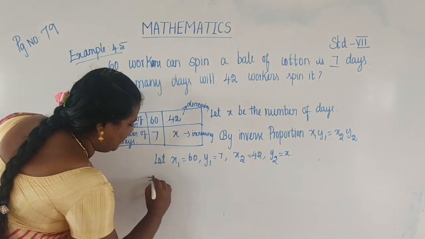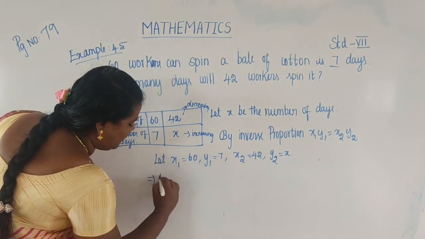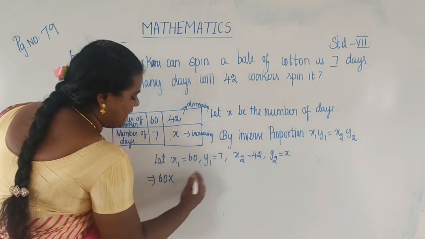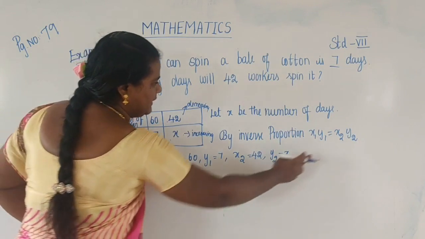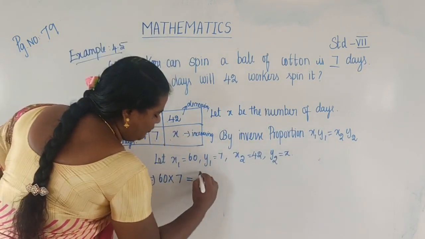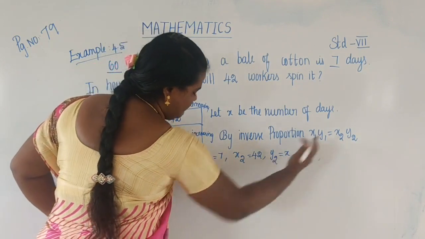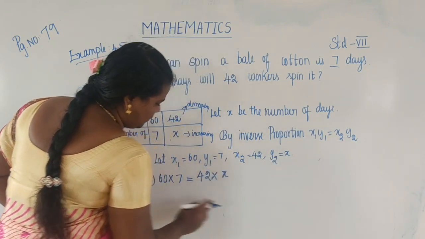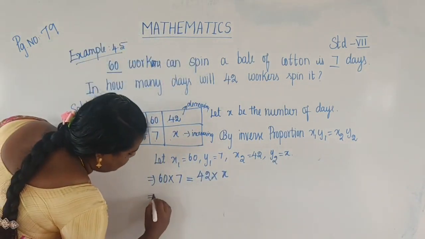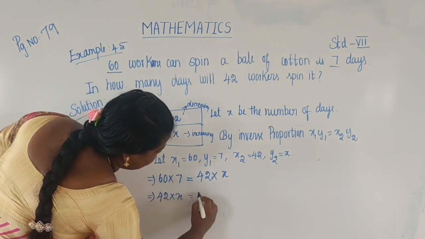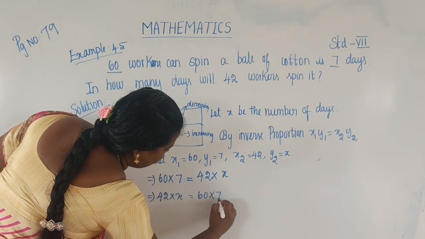x1 is 60 into y1, which is 7, equal to x2, which is 42, multiplied by y2, which is x. Interchanging, 42x equal to 60 into 7.